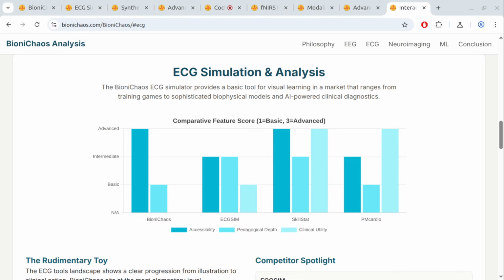Looking at the chart, it seems like SkillStat and PM Cardio have the highest clinical utility scores. Also, Bionic Chaos has the highest accessibility score, while ECG Sim has the lowest accessibility. SkillStat also appears to have the highest pedagogical depth. Is there anything specific you'd like to know about these points?